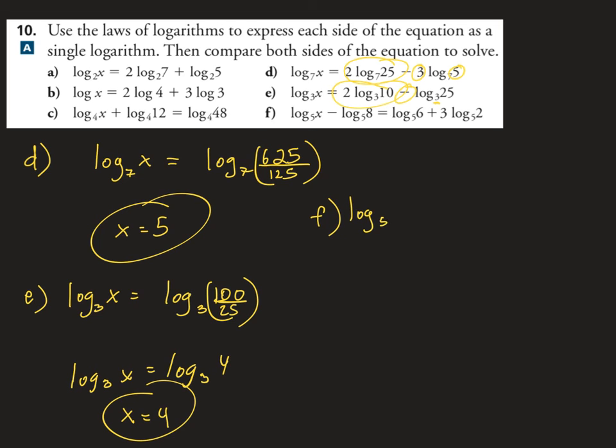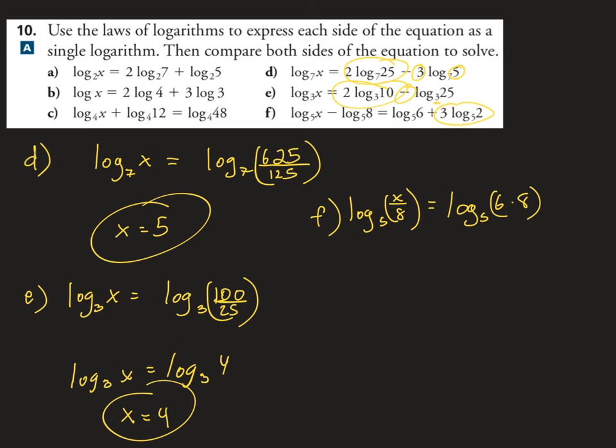Log base 5 of x minus log base 5 of 8. So I could just say x over 8 here. Since it's the same base, we can use our rules, and that's going to be log base 5 of 6 times 2 cubed, so times 8.